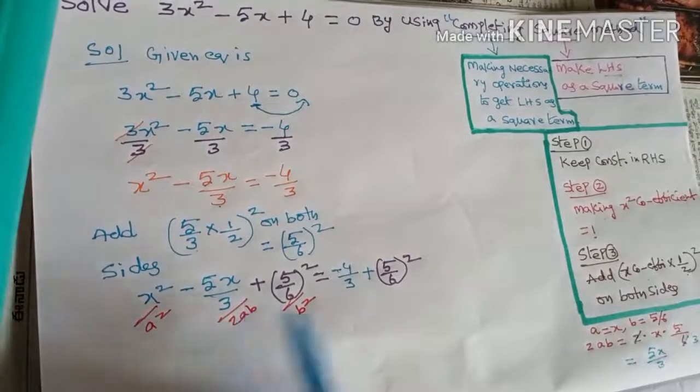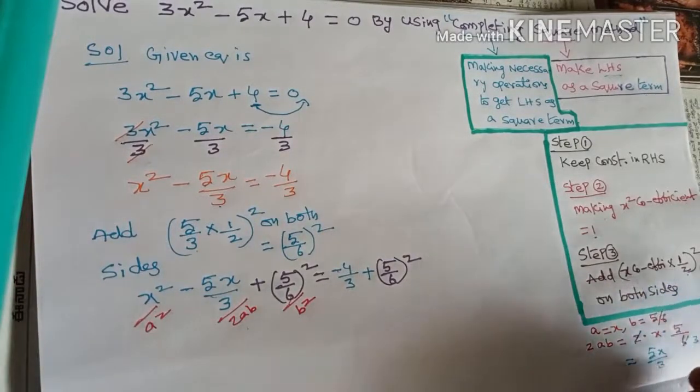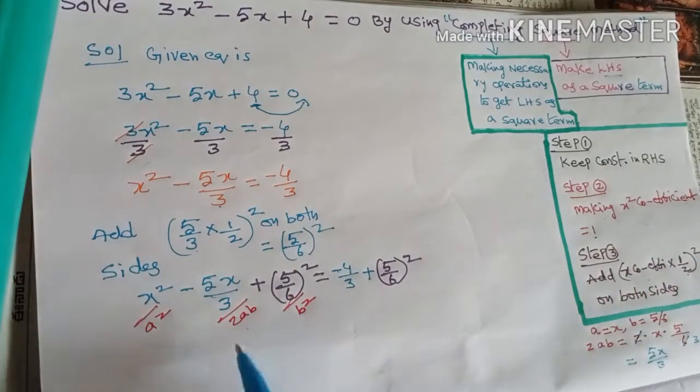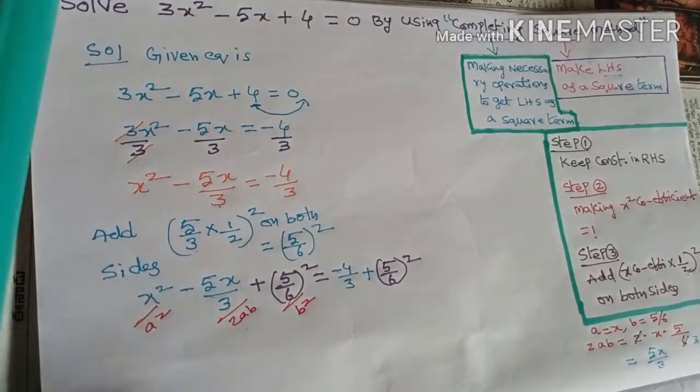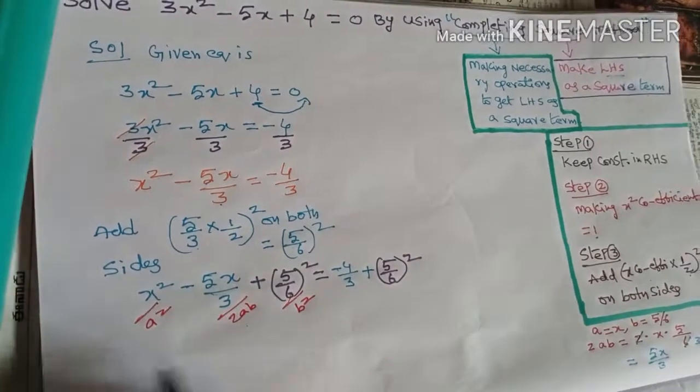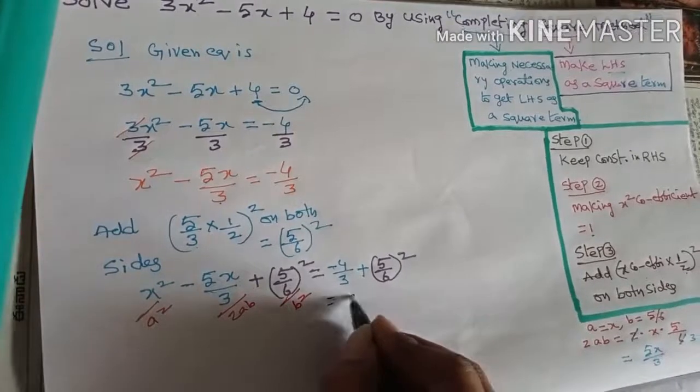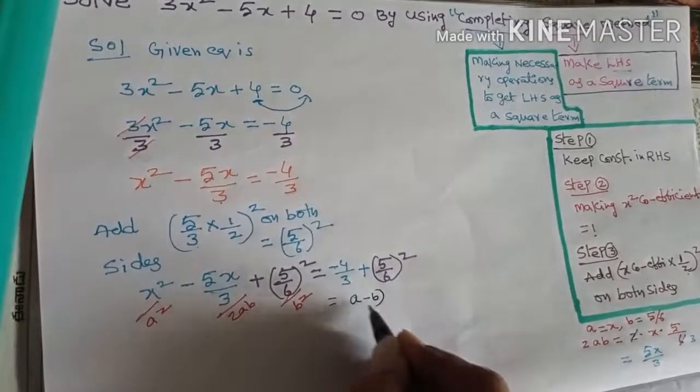So whenever you add (x coefficient into 1 by 2) whole square, automatically the middle term takes the 2ab form. Therefore, you have the formula a square minus 2ab plus b square is equal to (a minus b) whole square.